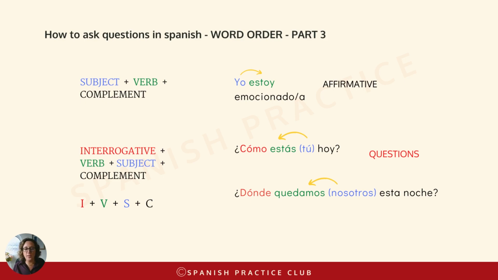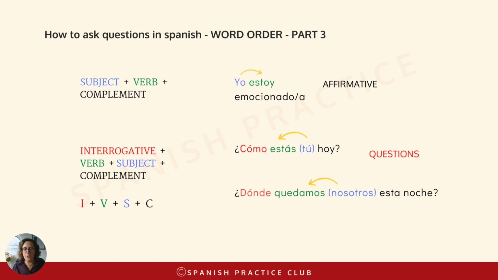As we know, the subject can be dropped in Spanish, and that is the reason it is in brackets. And also when we are asking a question, we would change the intonation. So when we are using an affirmative sentence, yo estoy emocionada, I'm not asking anything, I am making a statement. However, if you're asking a question, you need to use the right intonation so that you get the answer that you are looking for. ¿Cómo estás hoy?